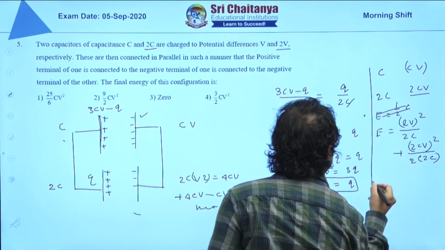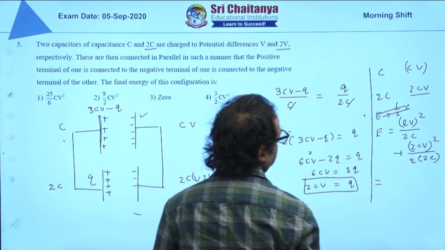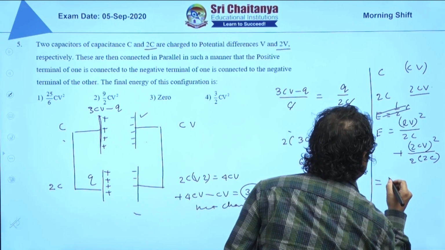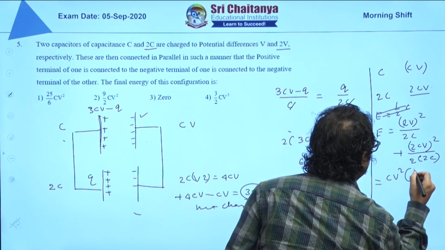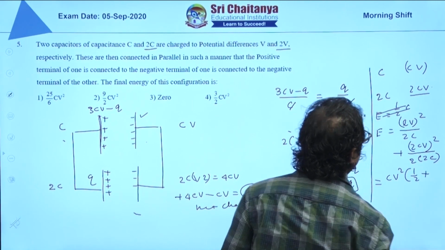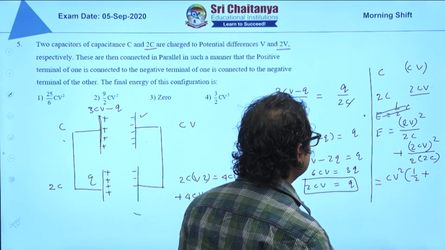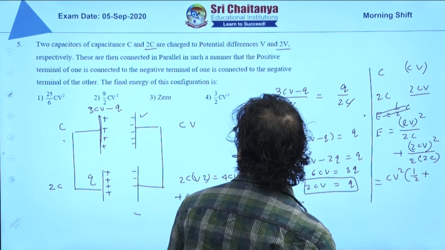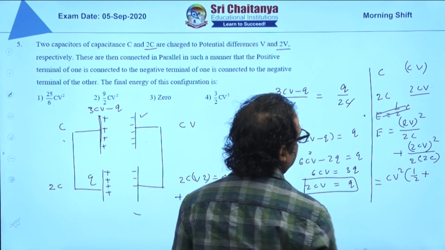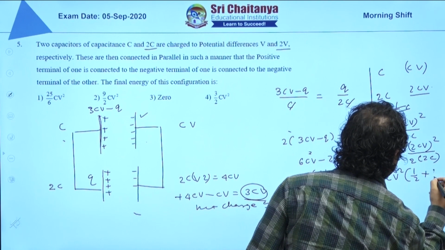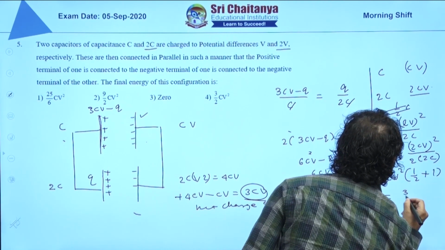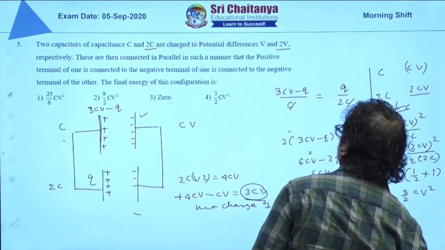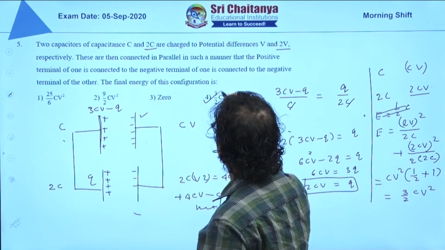So, final calculations, taking CV square common, we are getting half plus 4 by 4, plus 1. So, we are getting 3 by 2 CV square. So, this is your answer.